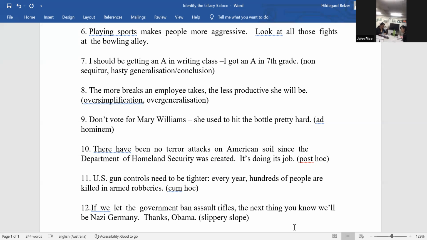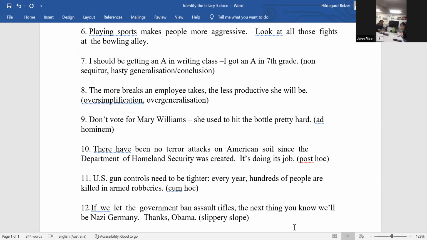They might be connected, and if we ban assault rifles, we might end up with Nazi Germany, but it would be up to the person claiming this to prove that A, banning assault rifles, leads to the next step, which leads to the next step, and on to Z. If they've got the evidence and all the argument to show that, that's not a fallacy.